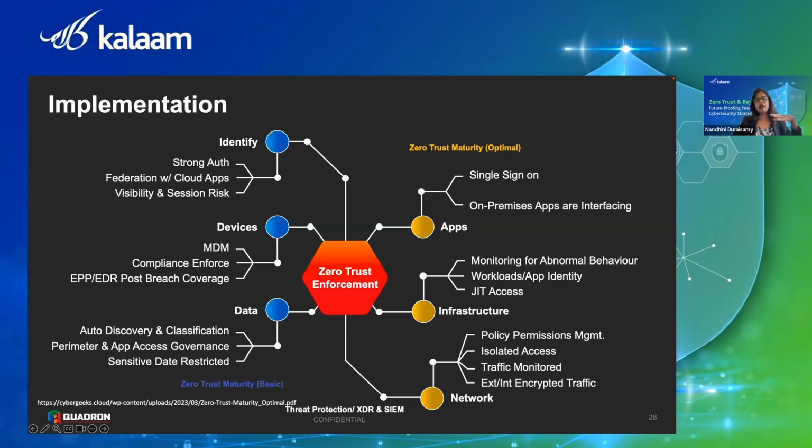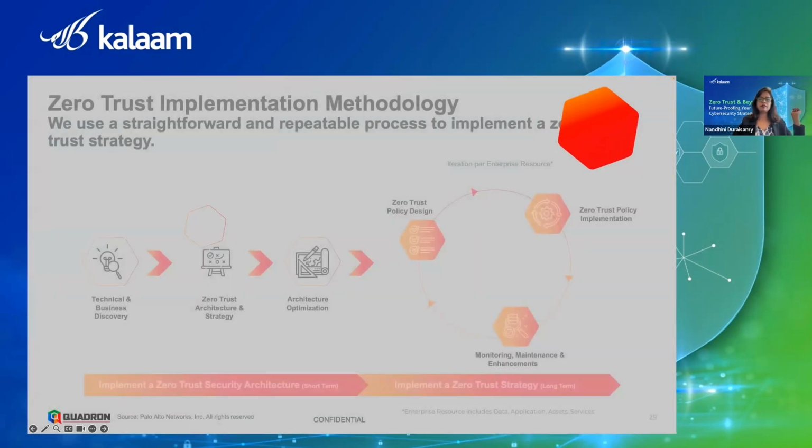In an optimal way, you move towards single sign-on. In infrastructure, you give JIT, which is just-in-time access, and monitor abnormal user behavior. In terms of network, you give isolated access, monitor the traffic, and encrypt all the traffic. So there are basic, optimal, and recommended levels, different types of implementation that suit your requirements.